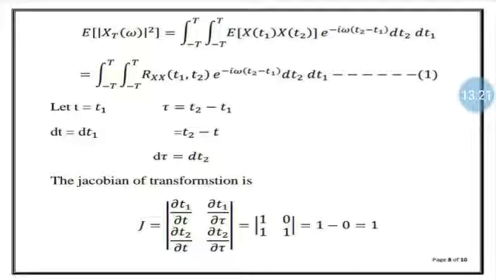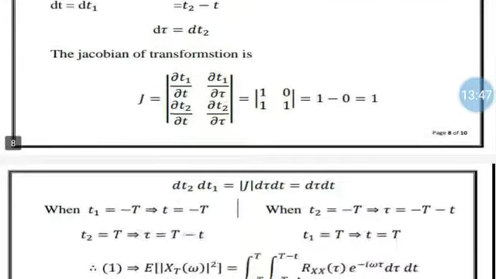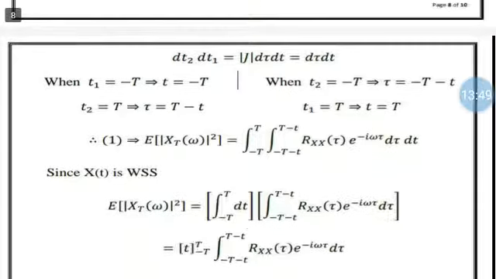Partially differentiating t1 with respect to tau, we get 0. Next, t2 equal to tau plus t. Partially differentiating t2 with respect to t, we get 1. Partially differentiating t2 with respect to tau, we get 1. So, determining the 2 cross 2 matrix, we get 1. Therefore, the modulus of the Jacobian equals 1.